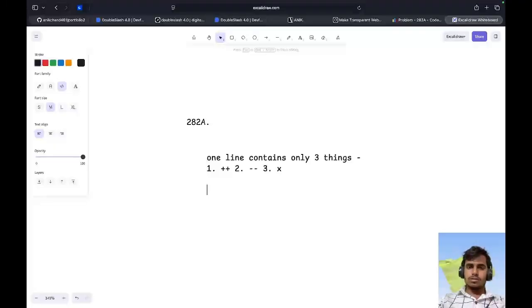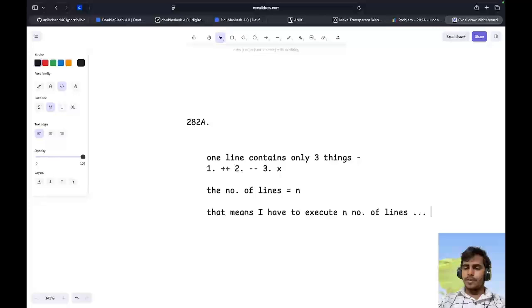This is the three things in one line, and the number of lines is equal to n. I have to execute that many lines, given that x is equal to 0 initially.